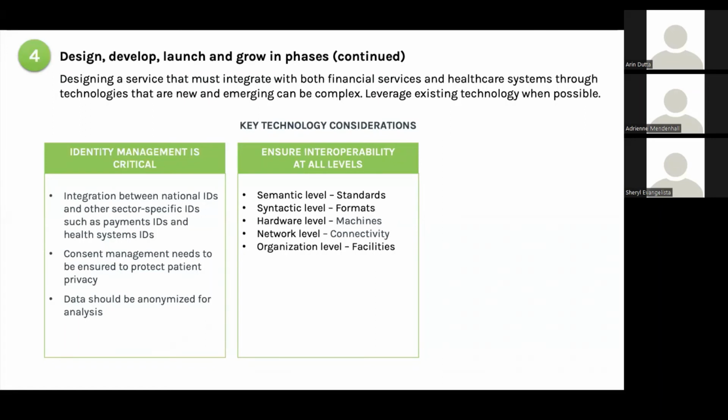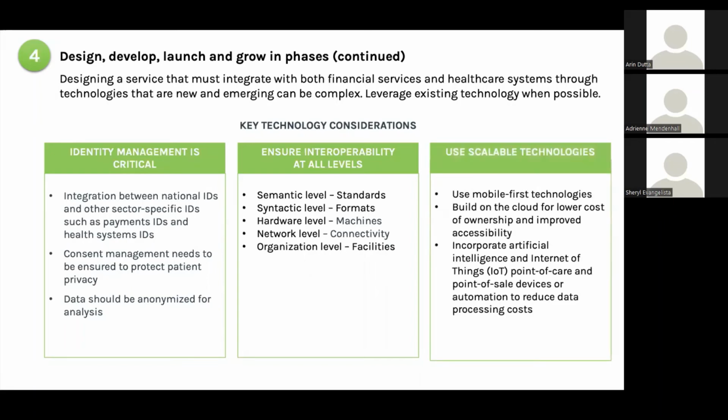Are they using a PC? Are people using Android phones, iOS, et cetera? And then looking at the connectivity, what types of networks, the ICT networks, are the users on? And you want to be able to ensure that those networks can talk to each other. And then lastly is at the facilities level, or the organizational level, of who has access to the data that's coming through.